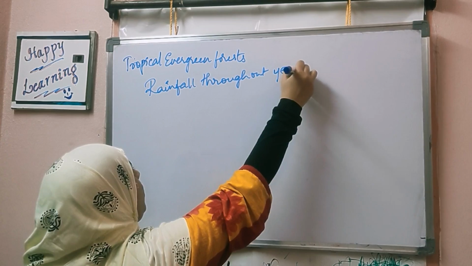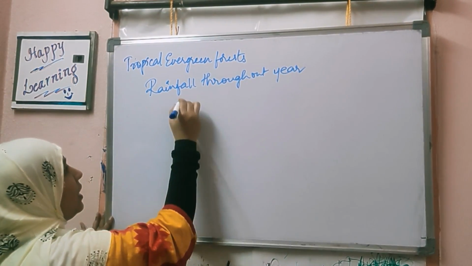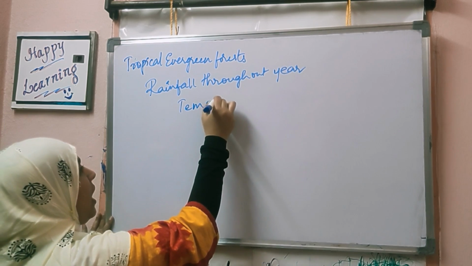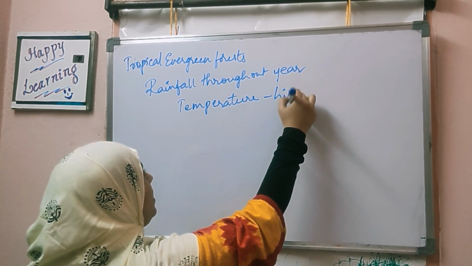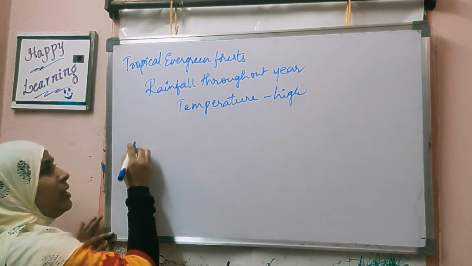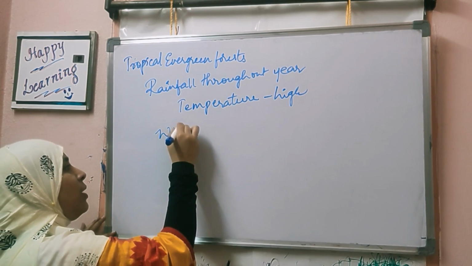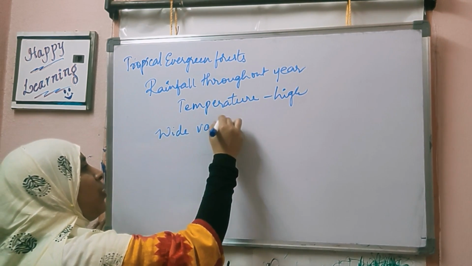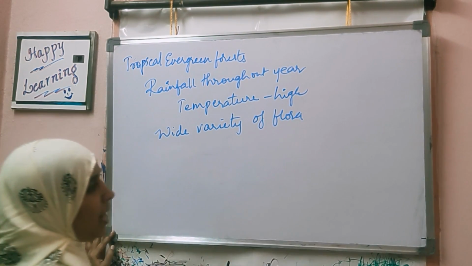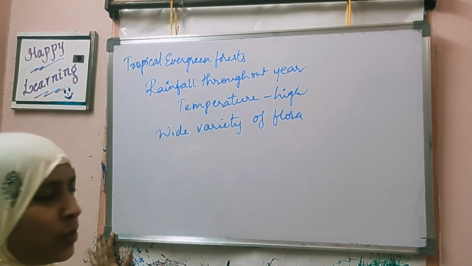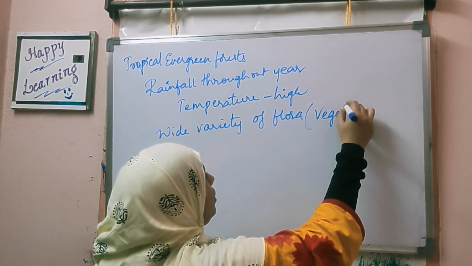Since rainfall is throughout the year and temperature is adequately high, a wide variety of plants are seen here. Flora means the variety of plants present in one area. Simply, you can say vegetation.